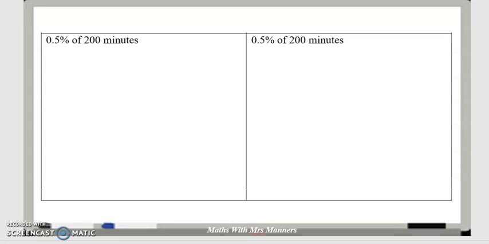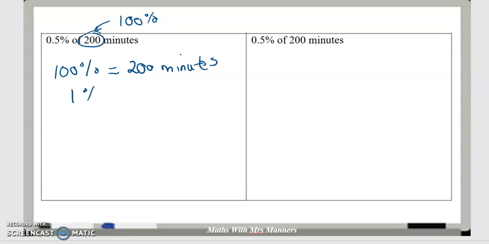I'm trying to find 0.5% of 200 minutes, and that's my full quantity, so that's my 100%. If 100% is 200 minutes, then you could find 1% this time, not 10%, by dividing by 100.